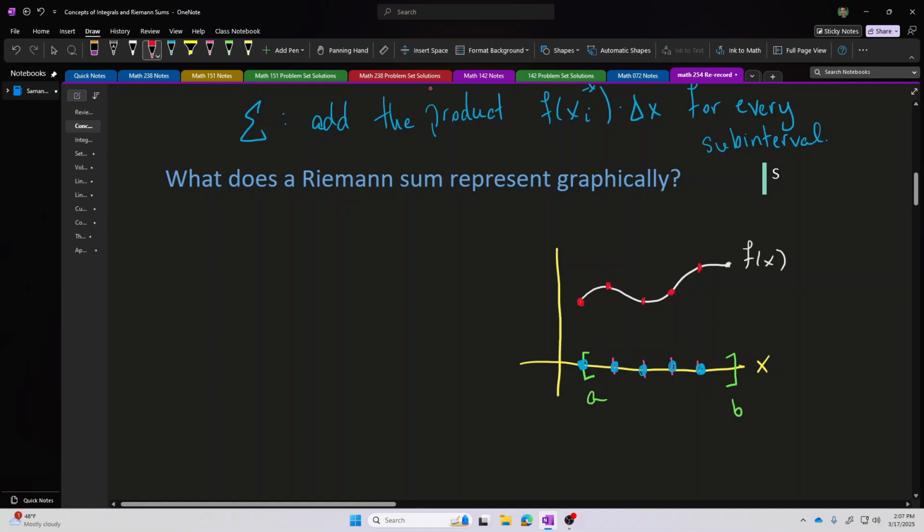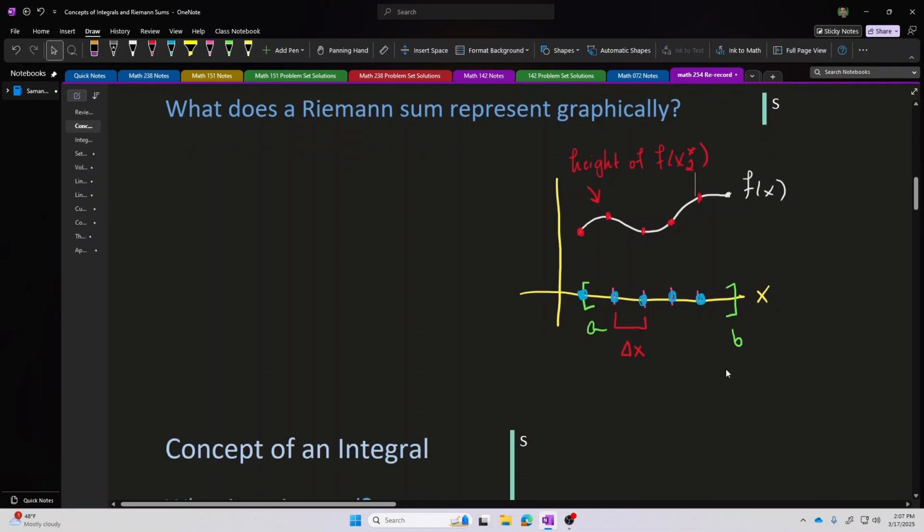So here, for example, is the width delta x. And up here, this point has a height which is given by the output of the function at x2 star, because this second dot is the x value that we have chosen out of the second subinterval, the one on the left.